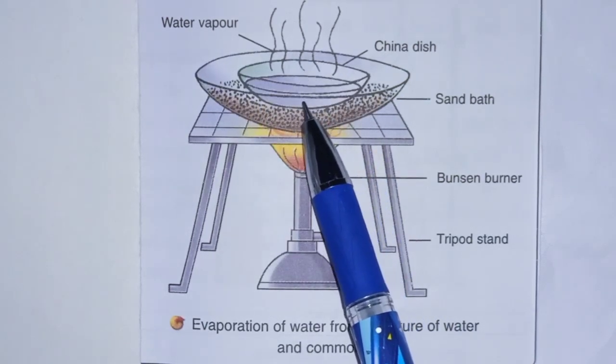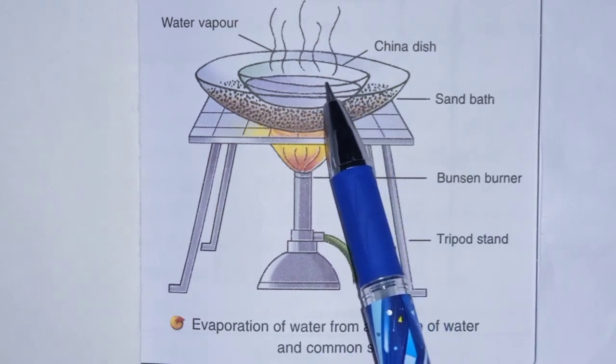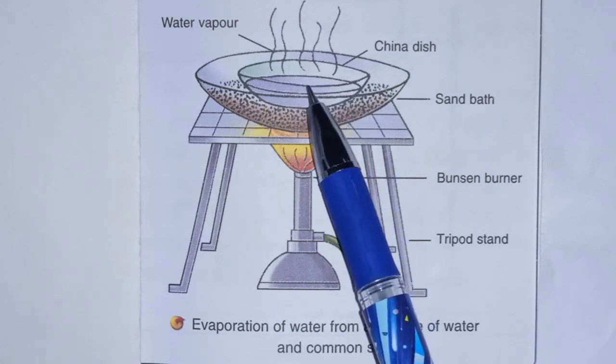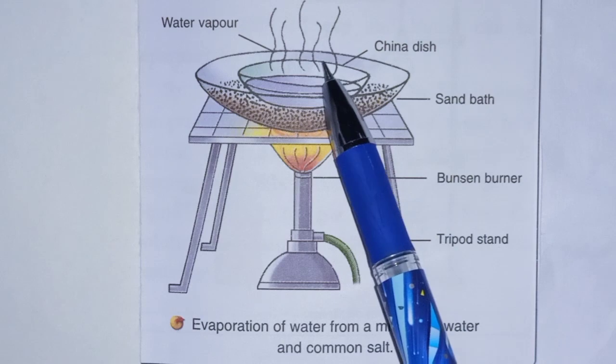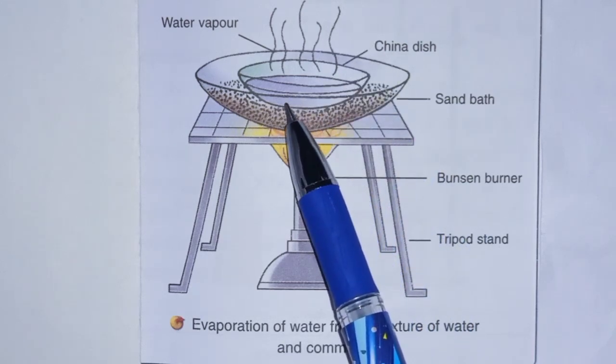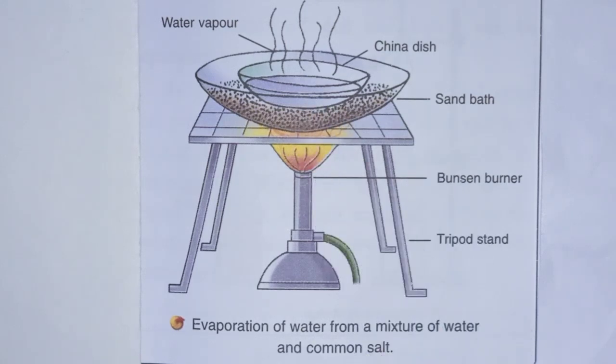Because common salt is non-volatile and it is soluble in water, that's why it is a homogeneous mixture. After some time, all the water has evaporated and only common salt is left behind in this china dish. So like that you can separate the mixture of common salt and water.